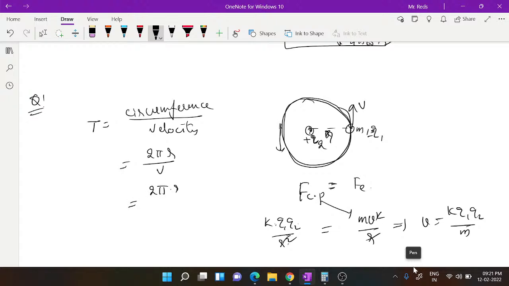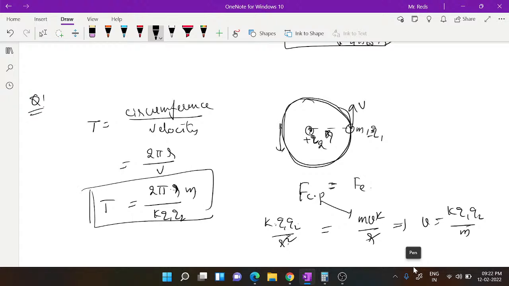Depending on the given options, if they are given in terms of mass and radius, you have to take this; if they are given in terms of velocity and r, you have to replace with m and v. So accordingly I have to take this.